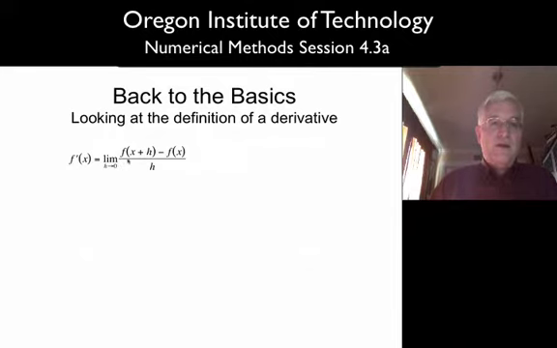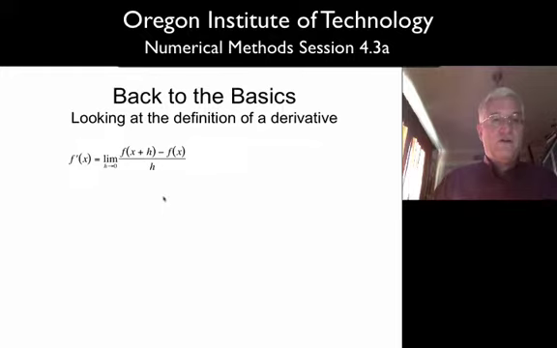But without the limit, we will retain this fractional form and will strategically choose small h values to give us the most precise derivatives we can. Well, you can see right off the bat it's not going to be perfect because any finite h value will produce some error.